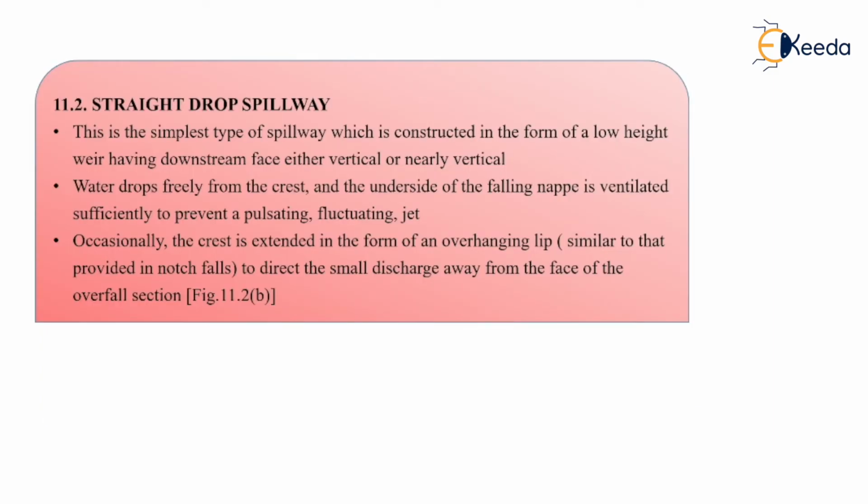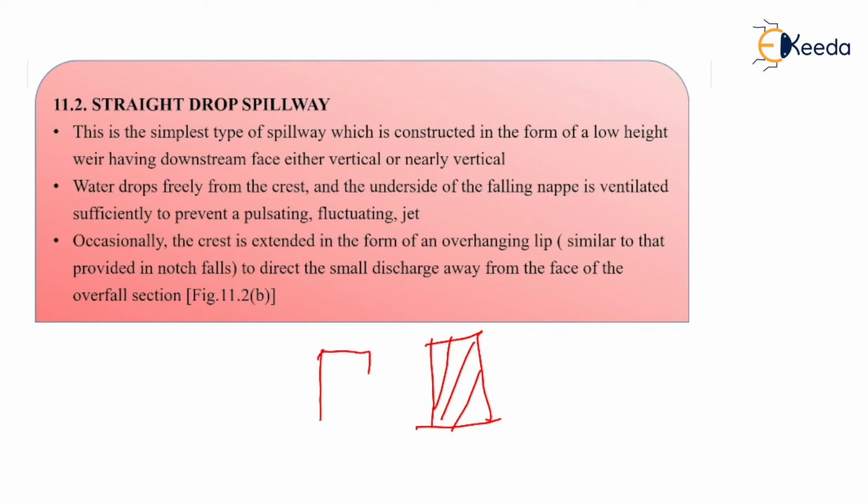Then we have a straight drop spillway. This is the simplest type of spillway, which is constructed in the form of a low height weir, like this, having a downstream face either vertical or nearly vertical.